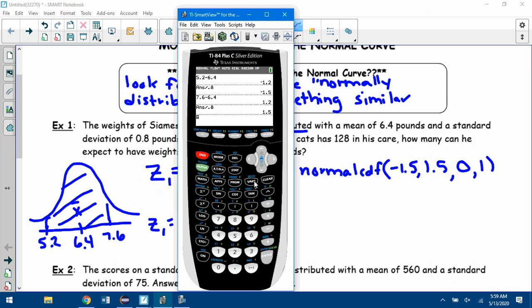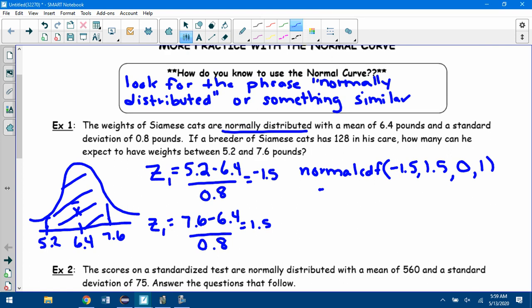So second VARS, normal CDF, going from negative 1.5 to positive 1.5, comma 0, comma 1, 0.86638, and so on.